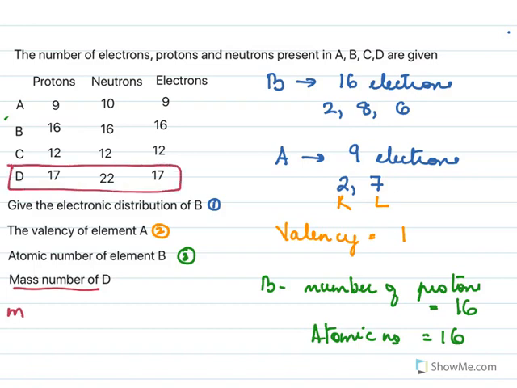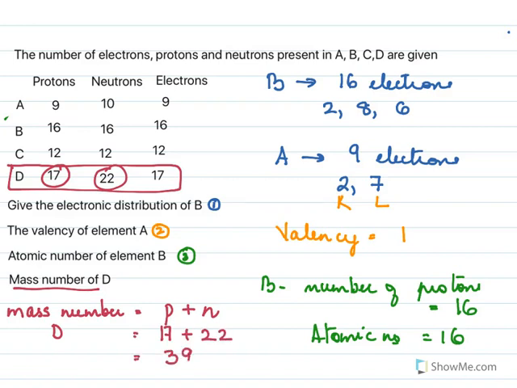So we just put D here. So we have the mass number of D, and you know mass is protons plus neutrons. So you have protons plus neutrons, that is 17 plus 22, which is now 39. Mass number is 39.